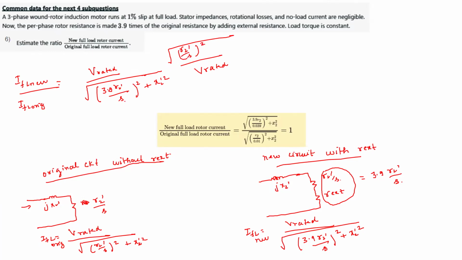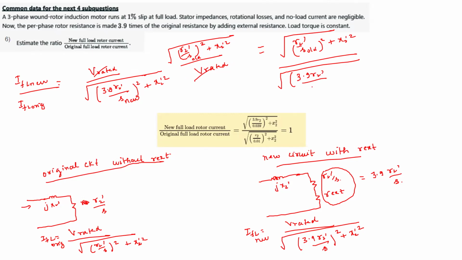Remember this is S new and this is S old. They're not the same slip, because the full load slip in both cases is different. So this becomes root over of (R2 dash by S old) square plus X2 dash square, divided by root over of (3.9 times R2 dash by S new) square plus X2 dash square.